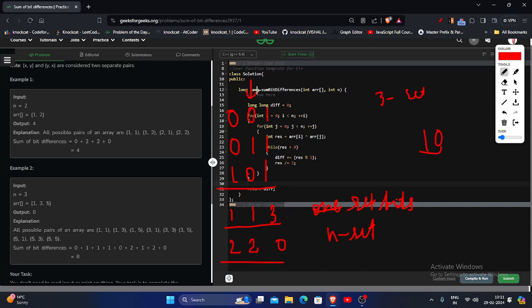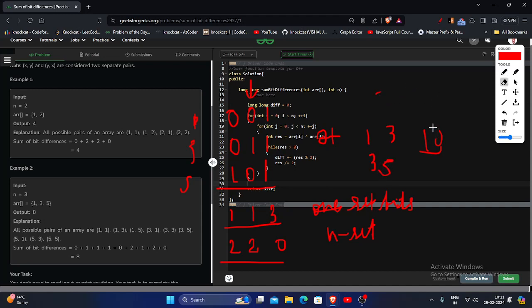But in this case, we have 0 here and 1, 0 here and 1. This 0 is 1, this is 3 and 5. 1 and 3 would be a pair, like for 1 and 3, this would be a bit difference. And for 3 and 5, also we have a bit difference.